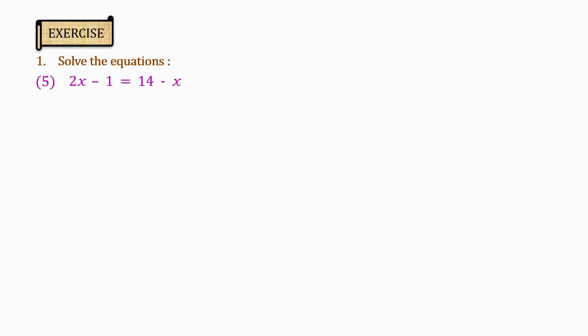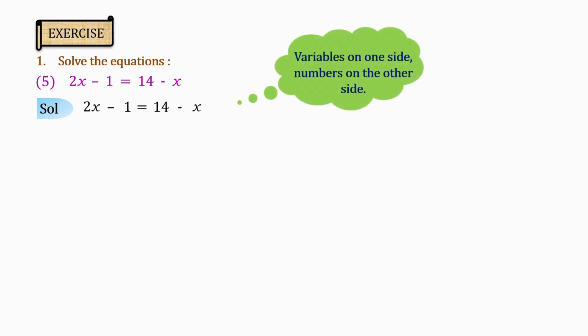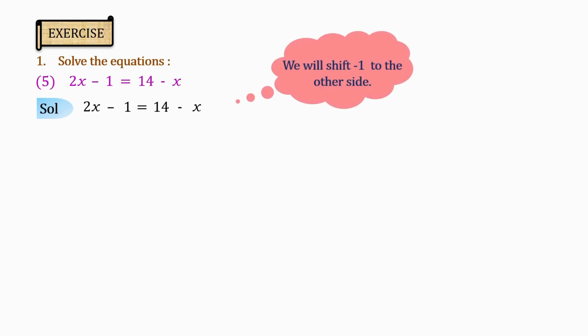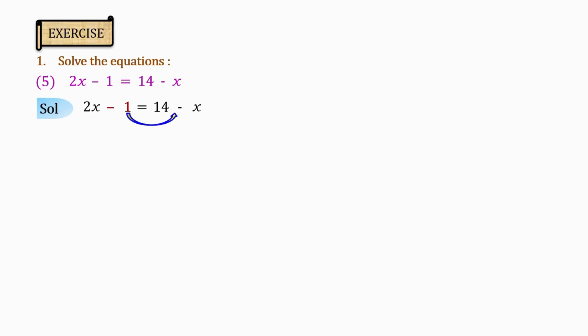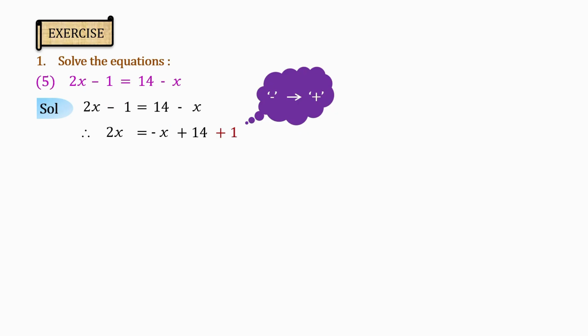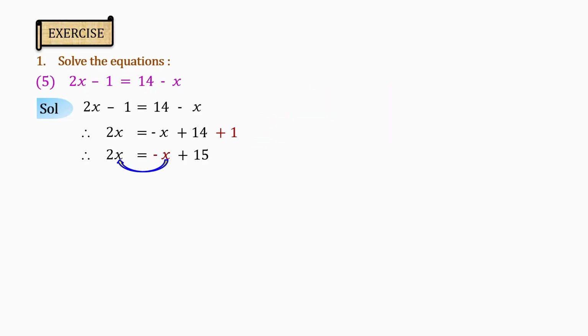Next question, 2x minus 1 equal to 14 minus x. So variables on one side and numbers on the other side. And we are going to shift -1 and change the sign. So it will become plus now. Now we are going to shift -x and that will become plus now.